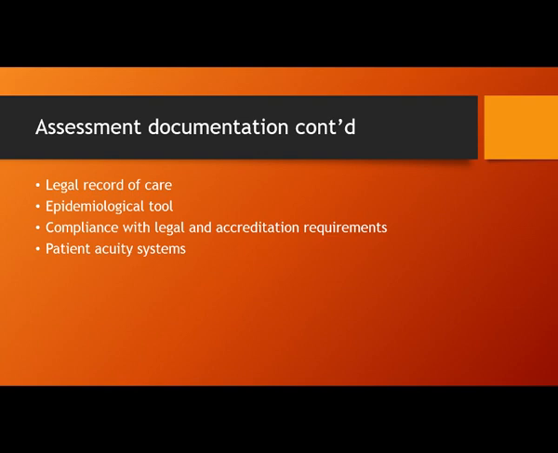And as we said, it also assures compliance with legal and hospital accreditation. And then patient acuity systems. Those are systems that say how much staffing a nursing unit can get based on how difficult the patients are. Documentation is key to making those systems work.